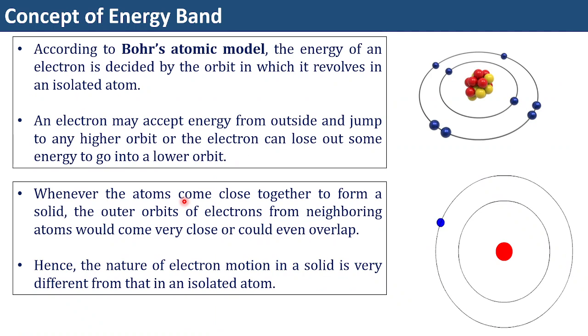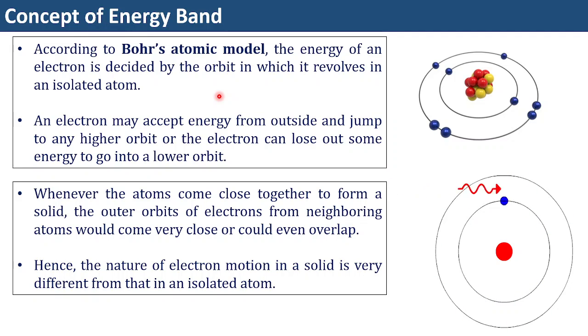Before we go into the concept of band formation, let us try to understand the energy levels. The concept of energy levels comes from Bohr's atomic model. This is something which you have either encountered already or are going to encounter very shortly. I hope you are aware of the atomic models. We have the Rutherford atomic model, we have J.J. Thomson's atomic model.